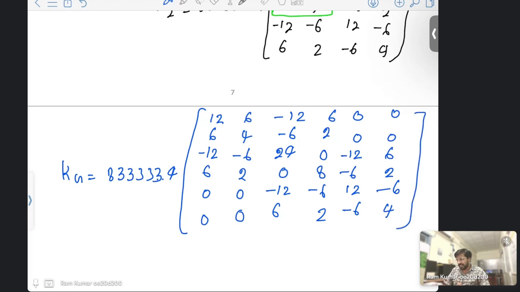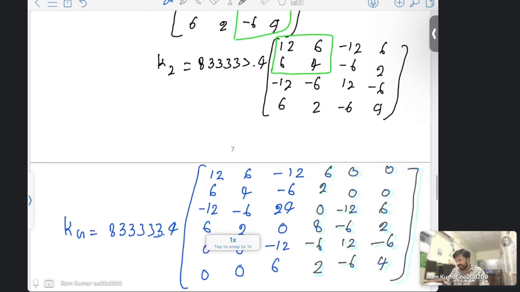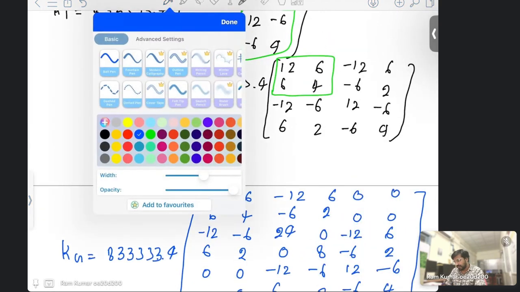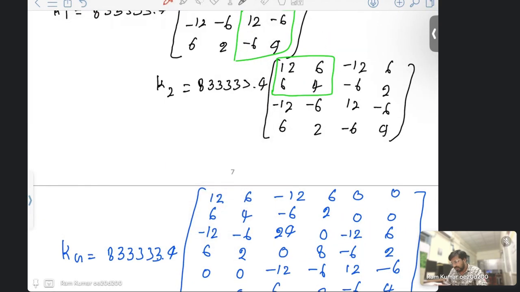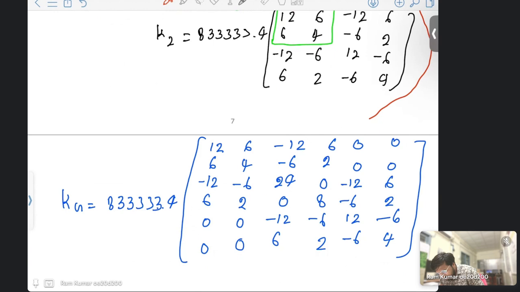So are you getting it like this? And these ones we have to add. These three will come where? Here.